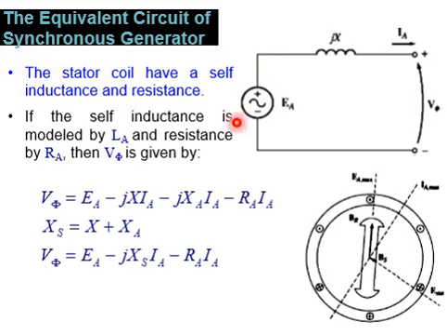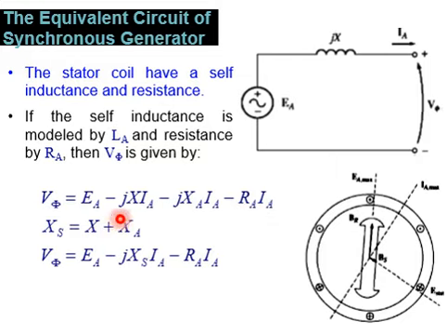If the self-inductance is modeled by LA and resistance by RA, then V of phi is given by E of A minus JXAIA, this is because of the self-inductance, minus RAIA, this is because of resistance.